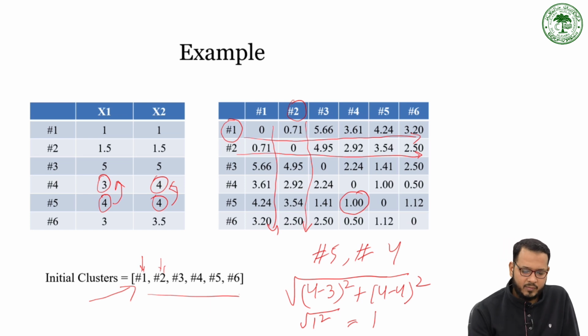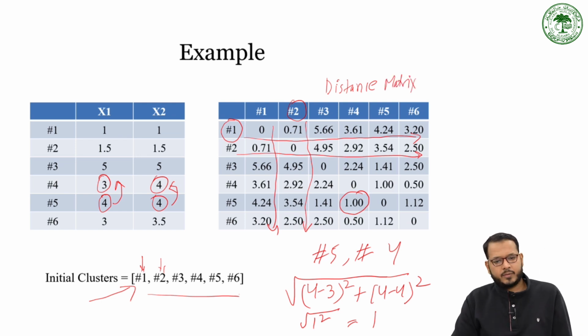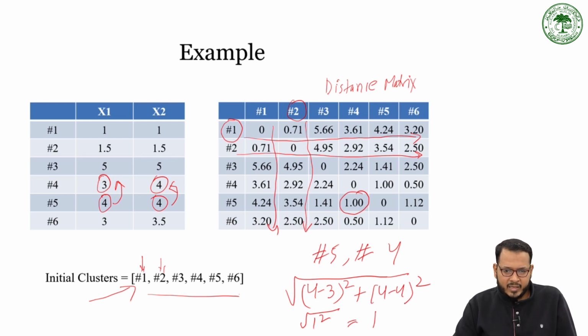In this way, we have calculated this distance matrix. Now the next step is we will see which value here is the smallest distance value.